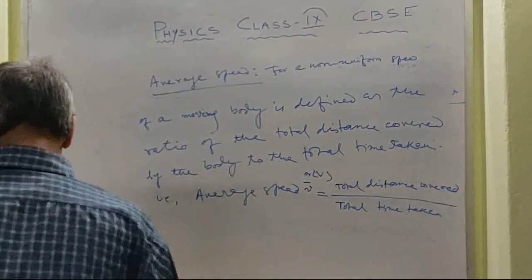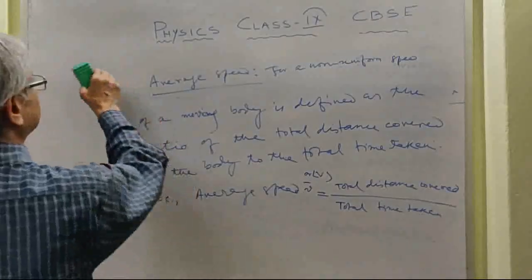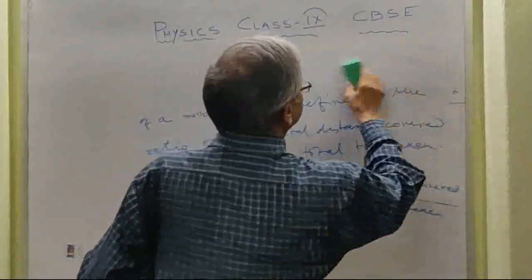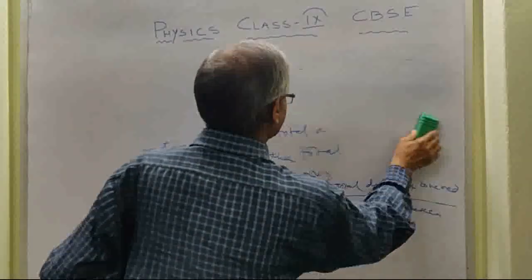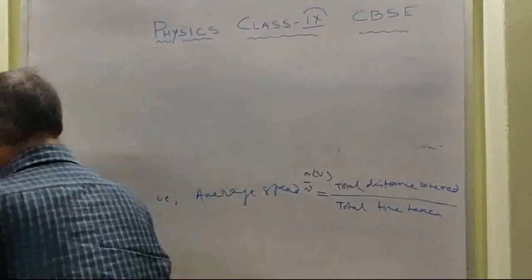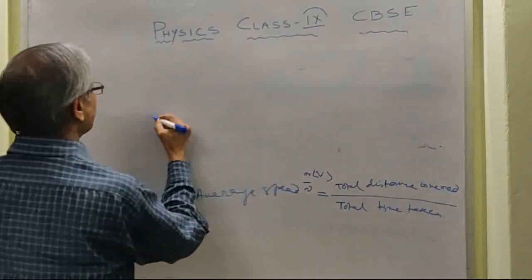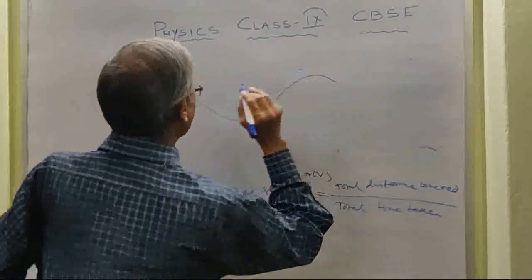For example, a moving body covers unequal distances, that is, its path of motion is a curved path.